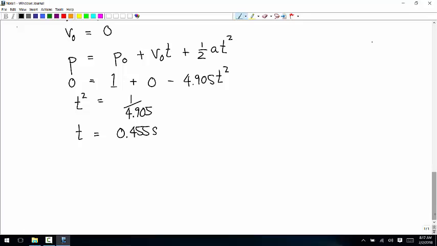So now let's do the calculation where it's fired out of a gun. So this time, what do we have to choose? Like in 1D, we had to choose the 0 position and the positive direction.